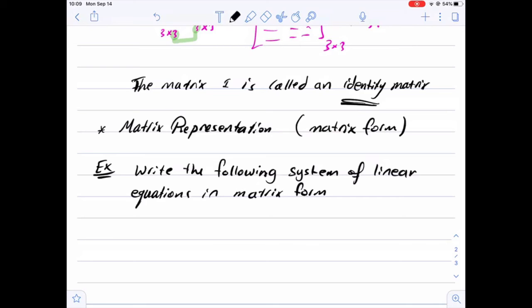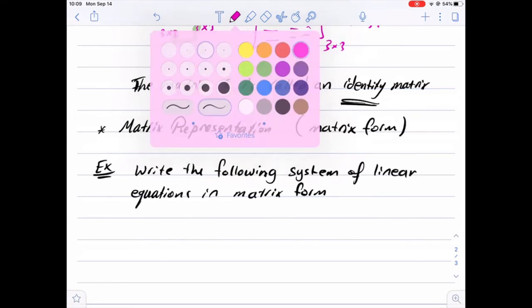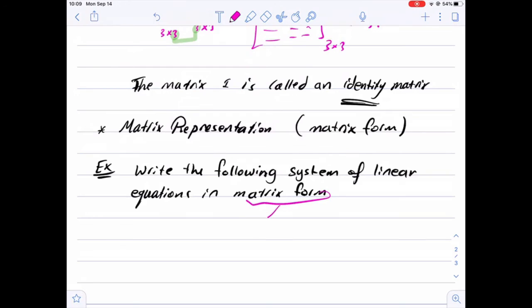What do we mean by matrix form? Matrix form is the following form: A times X, we don't need the dot, we just write it AX equals B. This is called matrix form.